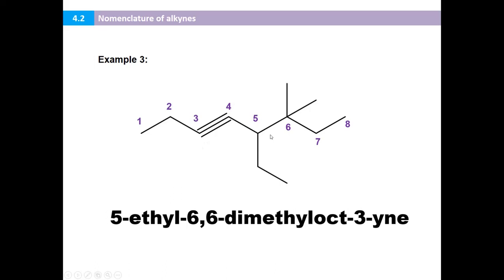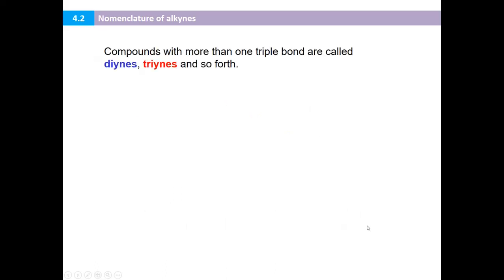So 3, 4, 5, 6, 7, 8. Okay, 3 here. And at location number 5, you have an ethyl group. So it will be 5-ethyl. At location number 6, you have 2 methyl groups. So it will be 6-dimethyl oct-3-yne, or you can write it like this, 6-dimethyl-3-octyne.